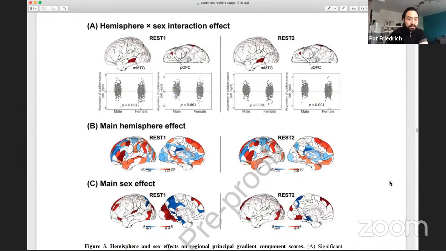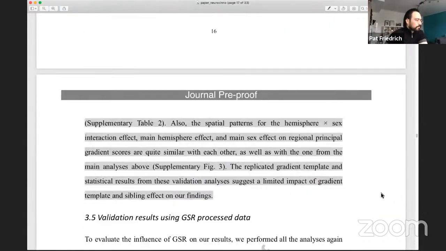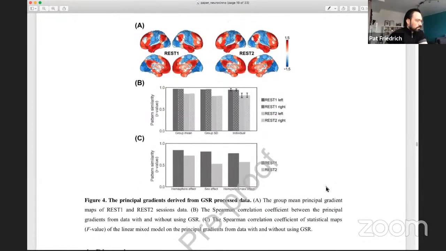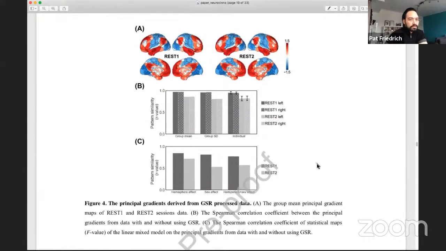So what they did, though, was global signal regression, which should, in theory, somewhat compensate for this linkage issue. And I haven't looked at it in total, because I don't think that they calculated their sex differences over the global signal regressed data.